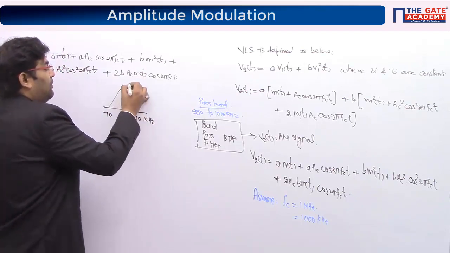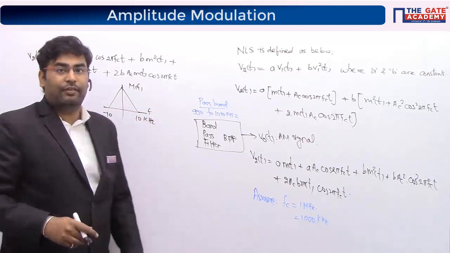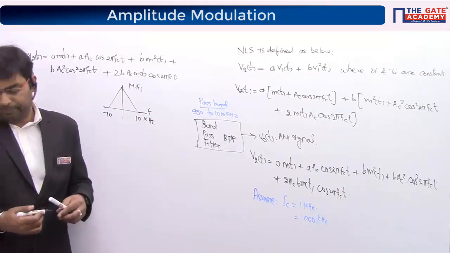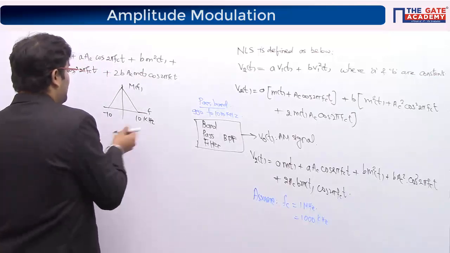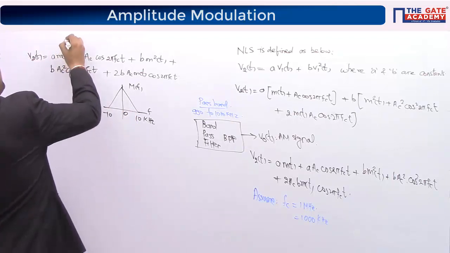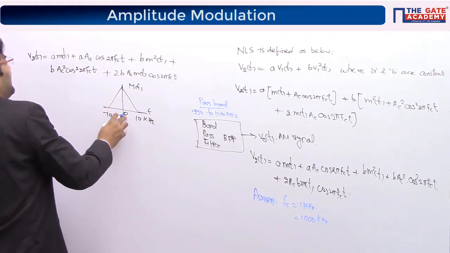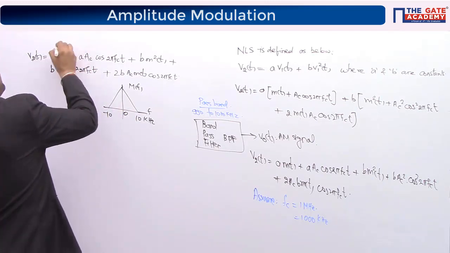If you recall, I told you that generally in our course we will always follow this: M(f) is a triangular shape. So m(t) has a center frequency at 0, and it goes from 0 to 10, so actually it is minus 10 to 10.